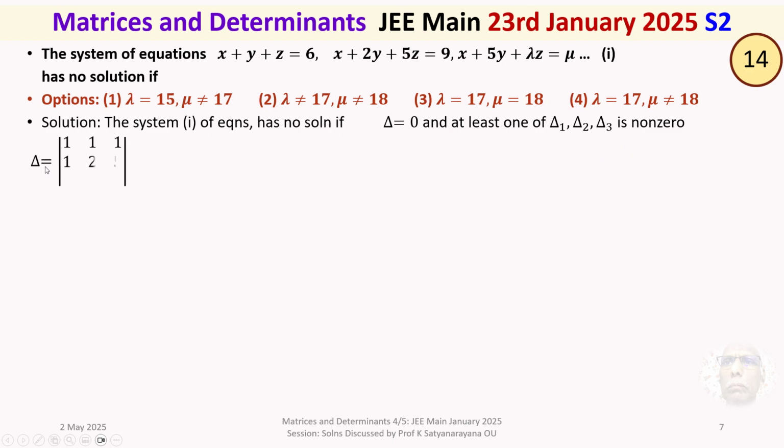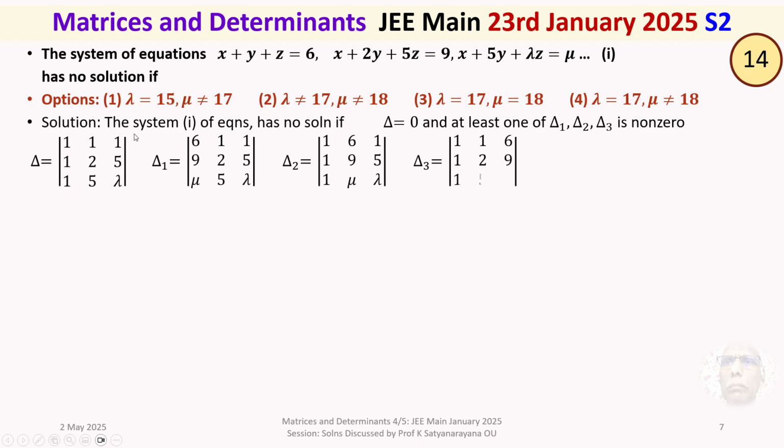So take delta, the determinant of the coefficient matrix 1, 1, 1, 1, 2, 5, 1, 5, lambda. Delta 1 is the same as delta with the first column replaced by the values 6, 9, mu. Likewise delta 2, delta 3.